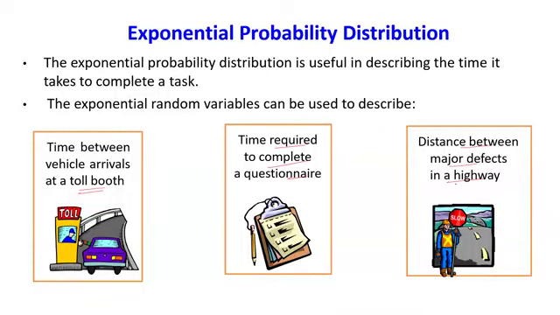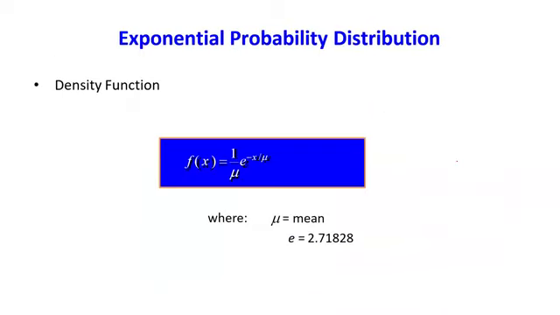Between two events, whatever we are measuring, we will consider that it follows an exponential probability distribution. The formula of this density function is 1 by mu into e raised to the power minus x by mu. Mu is nothing but the mean, which you need to know, and x is the value which you are interested in.